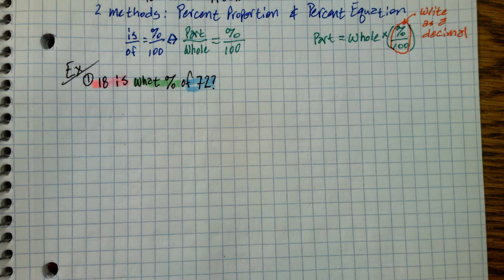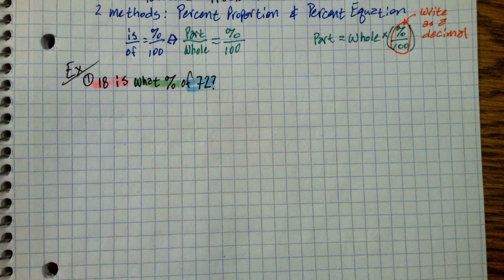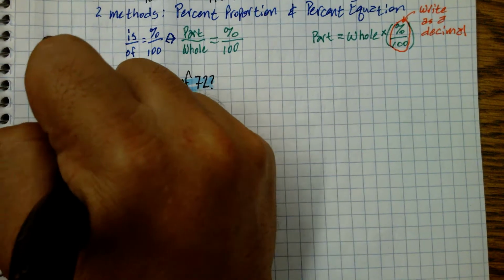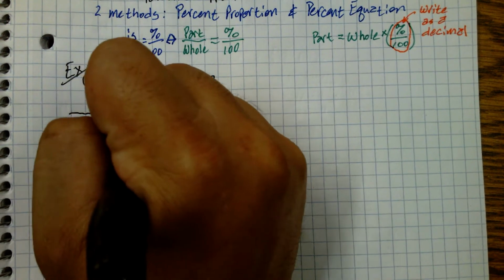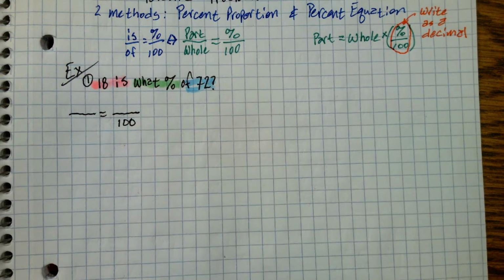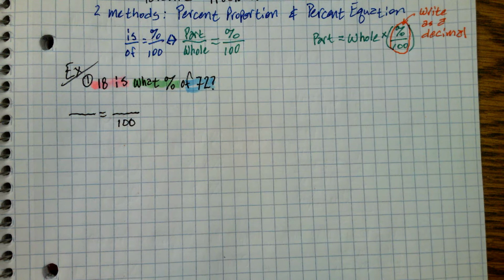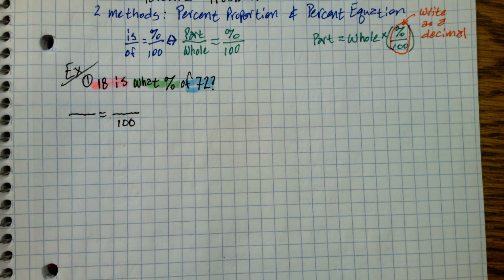Not very helpful when it's a full-fledged word problem, so don't get too comfortable with that. But okay, let's set up an equation as a percent proportion. We figure out which is the part, which is the whole, and what's the percent. And one of them is our unknown. Let's determine that right now.